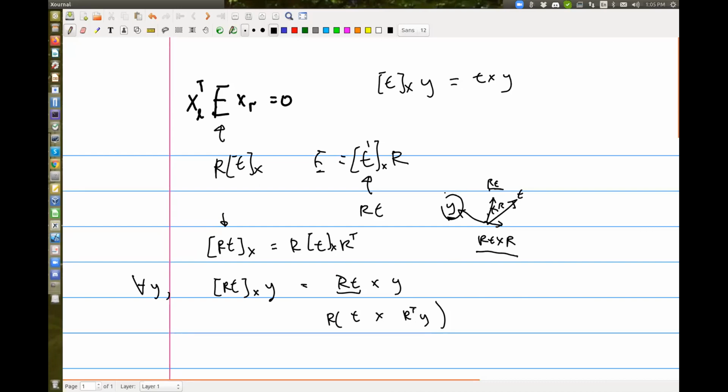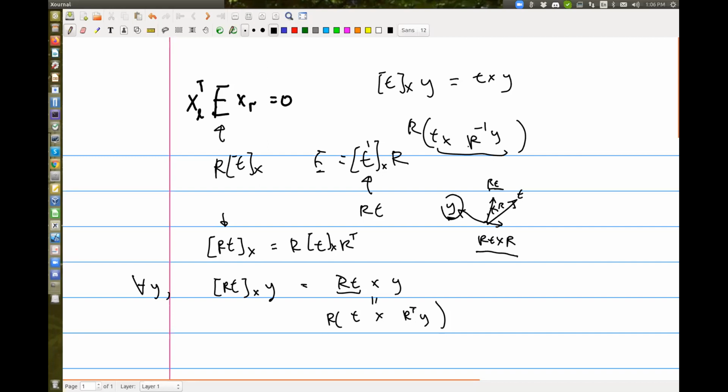Or you can think of it as moving the Y back to the original system of T. Then I will have R inverse Y, and R inverse Y will cross with T here. Now the entire thing I will rotate again. That should be equal to the original RT cross Y, right?